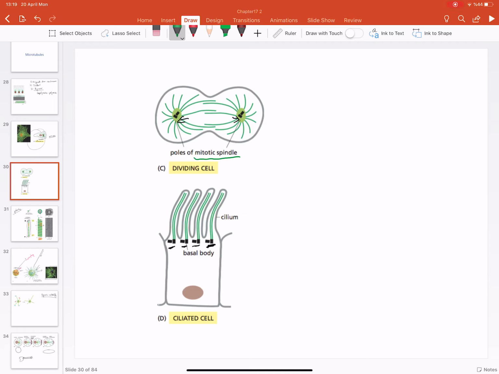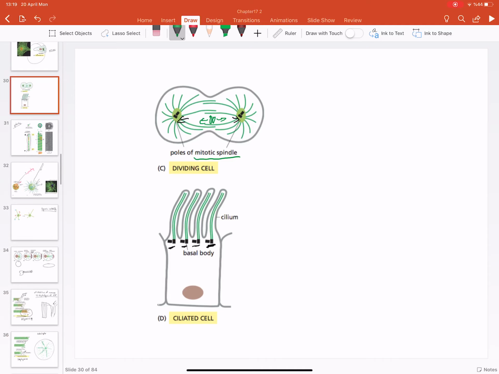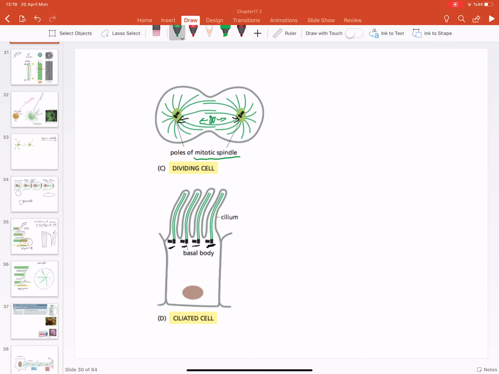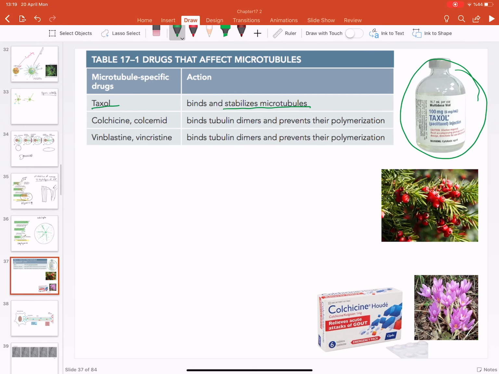If they cannot depolymerize, they cannot establish the mitotic spindle. And even if they can, in order to pull the chromosomes to opposite directions, they have to depolymerize. If they cannot, simply the chromosomes will not be pulled to the two sides.